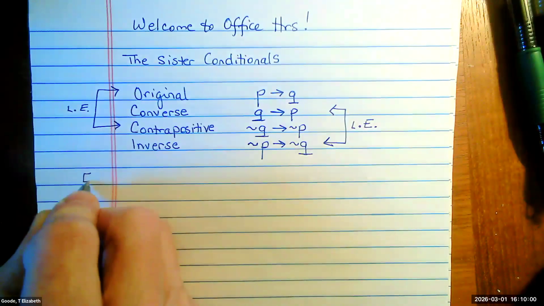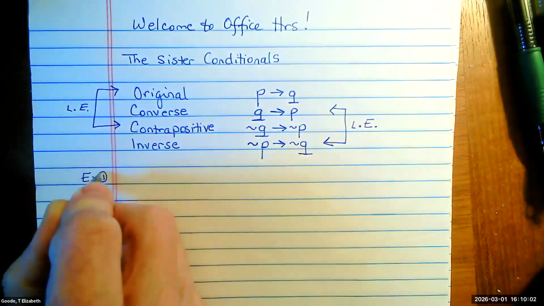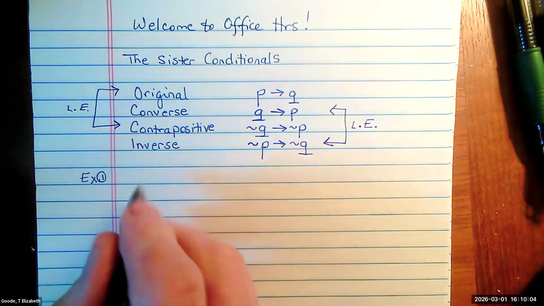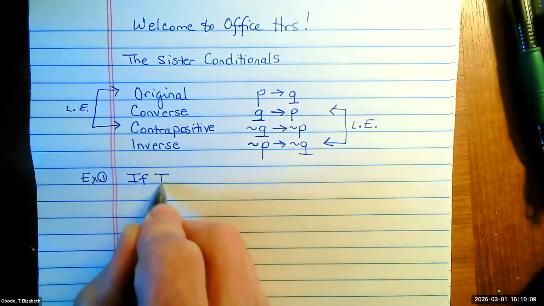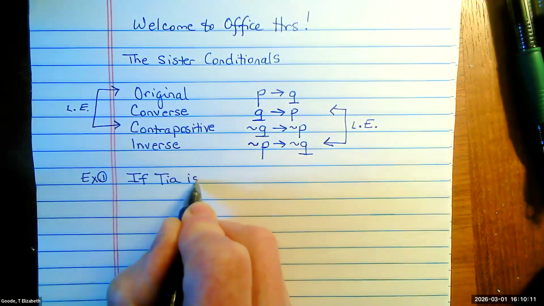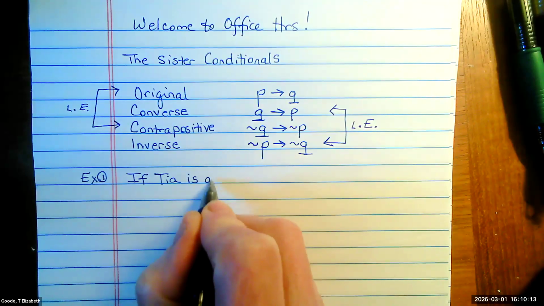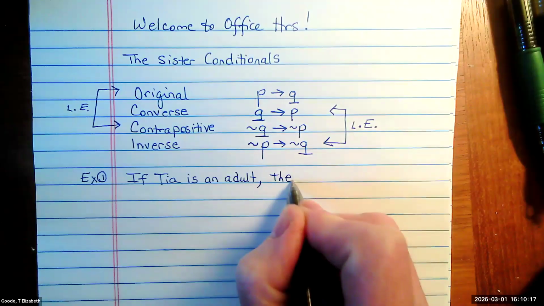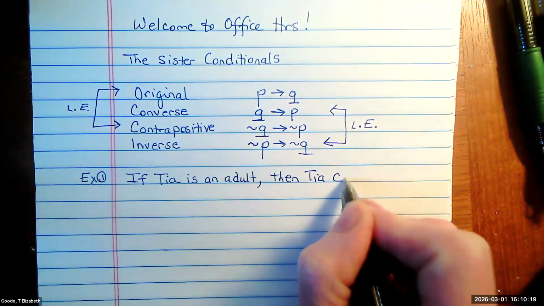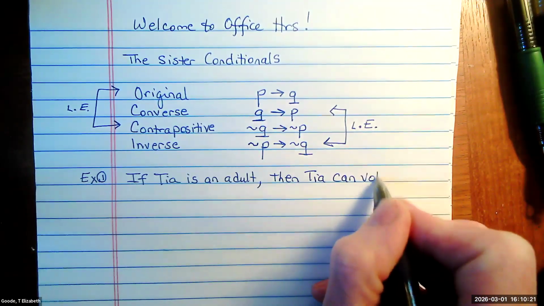So let's start with a simple example, and then we can do a more complicated example. All right, so the original can be: if Tia is an adult, then Tia can vote.